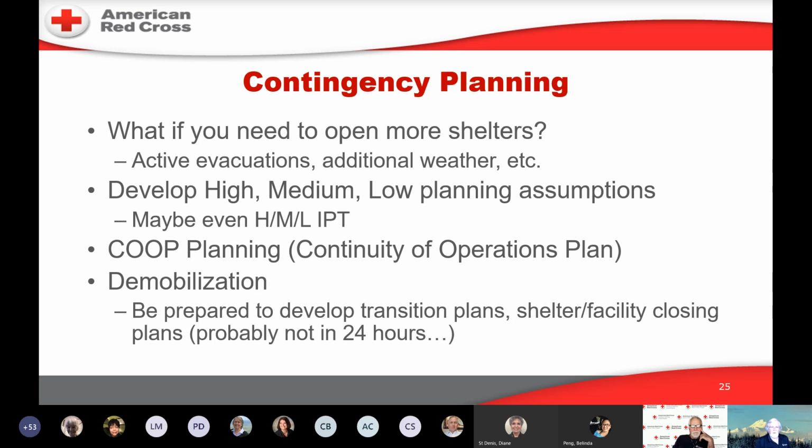Demobilization, be prepared for it. My most recent one with that was working Florence and having Michael knocking on the door. And suddenly we end up in what we call the glide path very quickly, where you are looking at shelter closings.